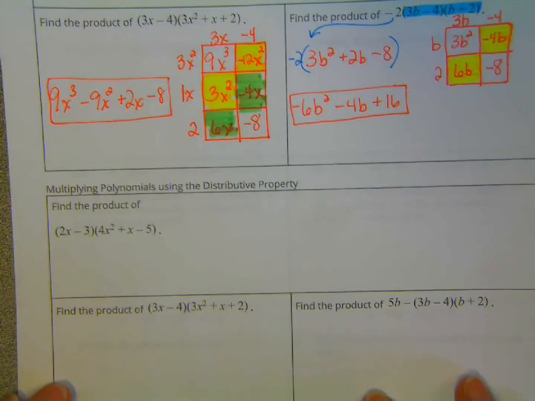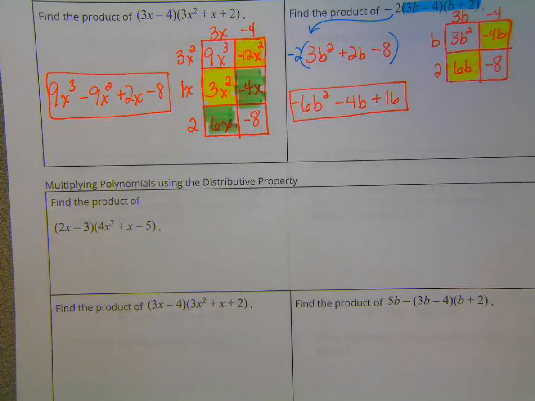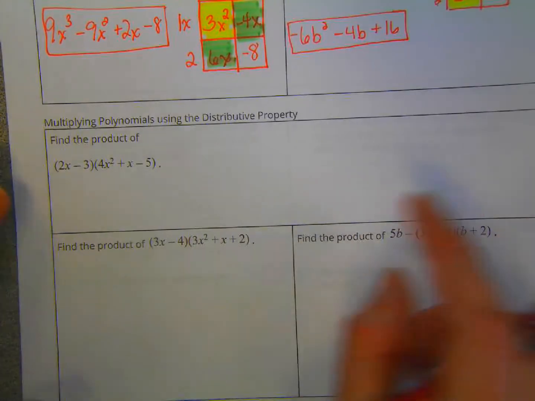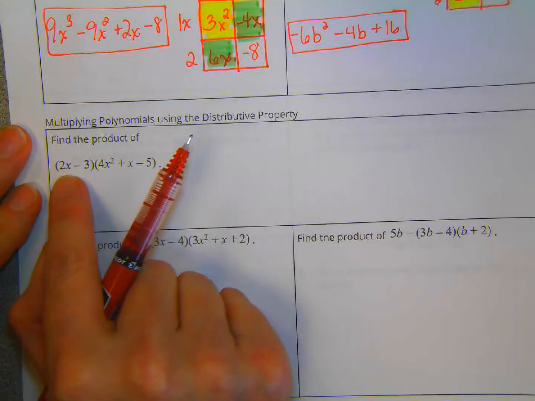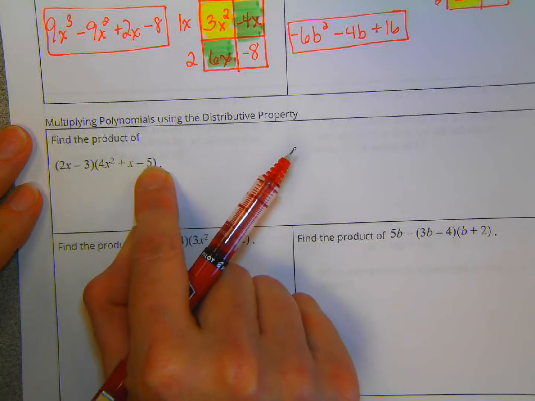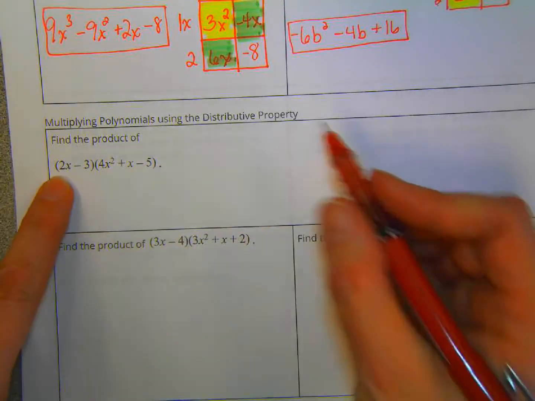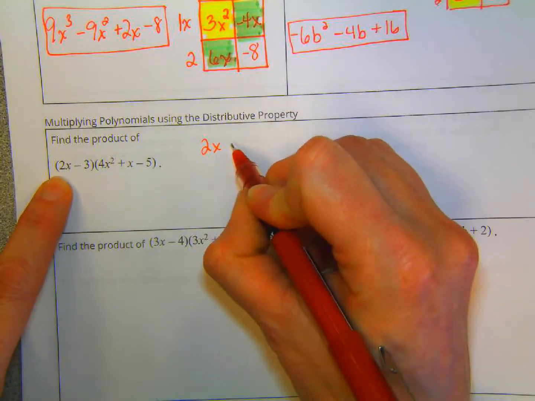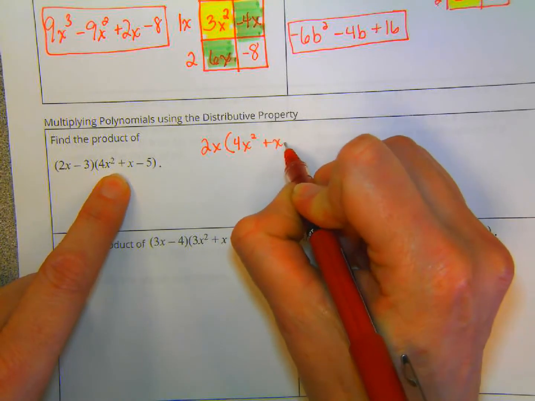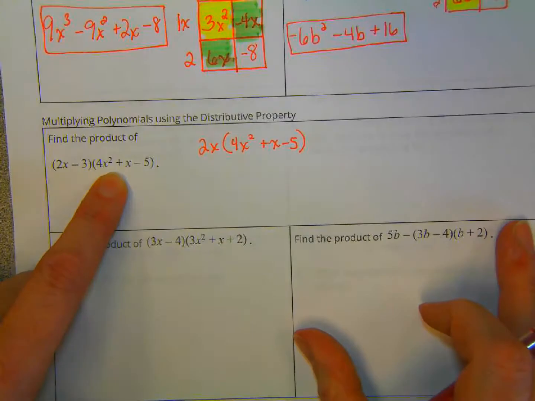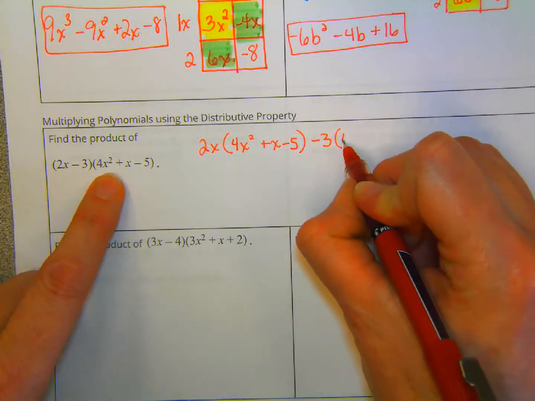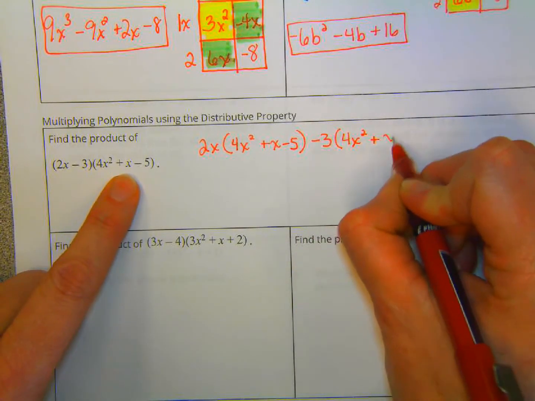The next one is actually that, which is using the distributive property. What we are doing here is taking each term of the binomial and multiplying it by the trinomial. What I am mentally thinking is 2x multiplied by 4x squared plus x minus 5, and then negative 3 multiplied by 4x squared plus x minus 5.